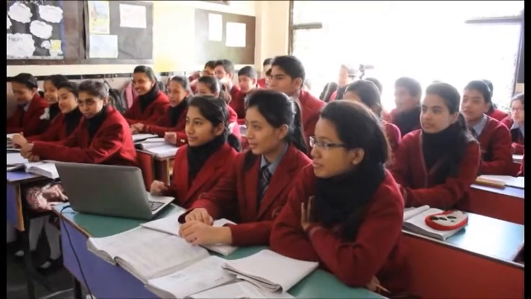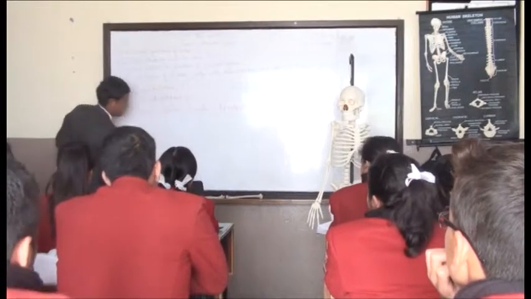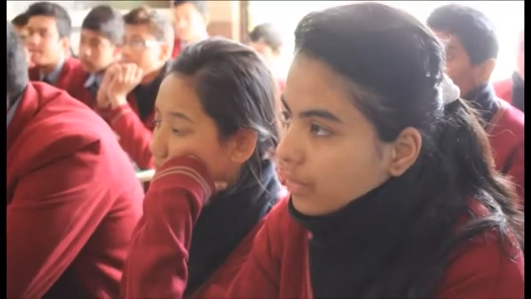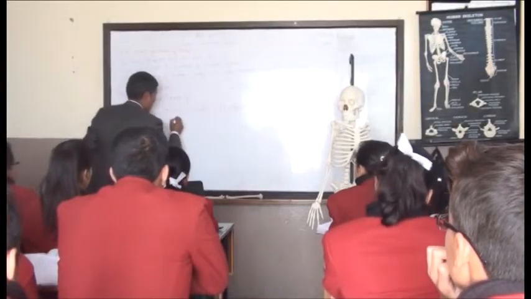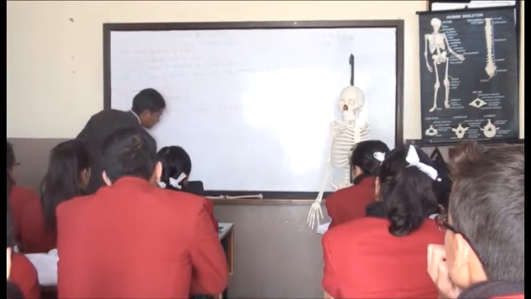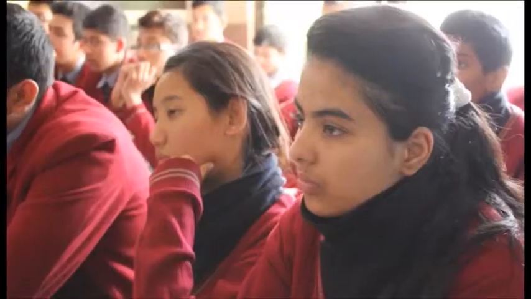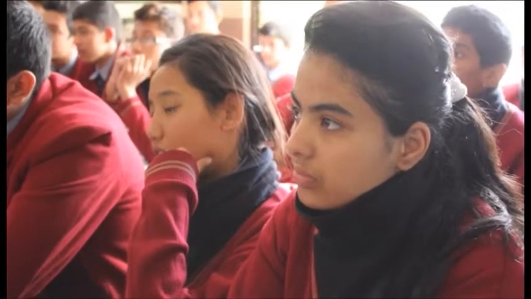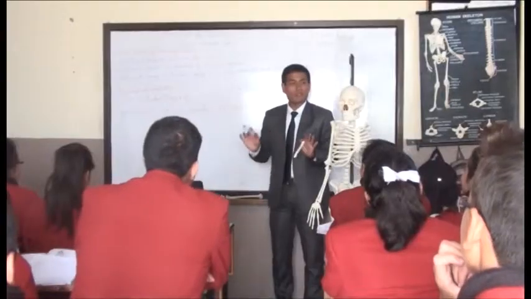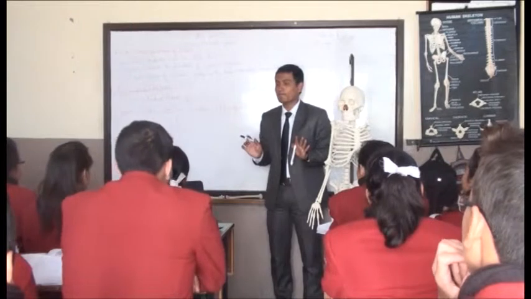Now let's go to the lower limb, the bones of our legs. For this, the combination I have is FPTTMP. If you make a sentence out of this: Father, please try to make a pizza. Can you remember the combination? FPTTMP.